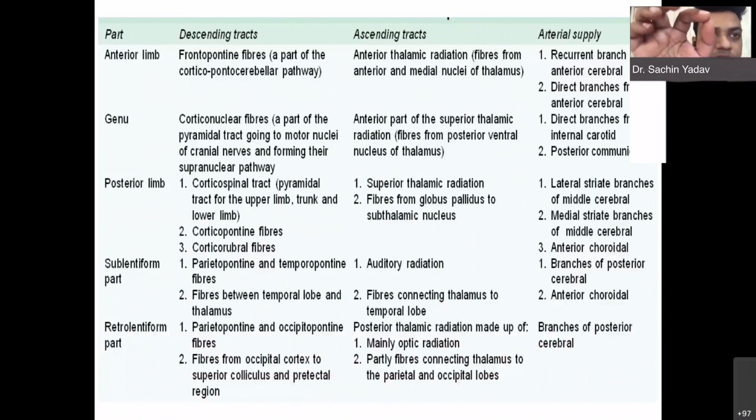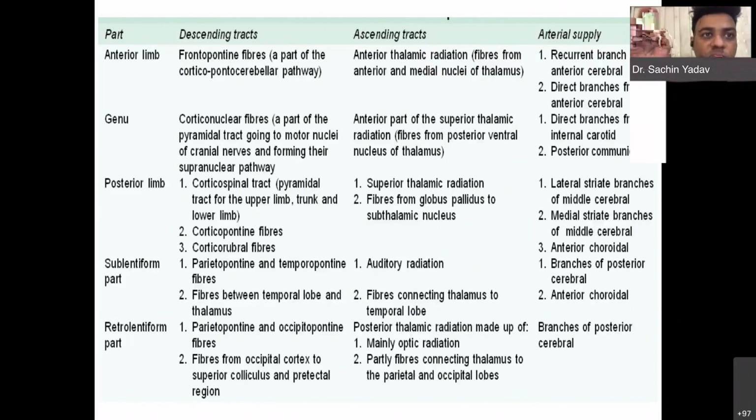Okay, so depending on the area which is getting affected, the main applied aspect of the internal capsule is its arterial supply. So arterial supply may be hampered due to blockage. Ischemia can happen due to hemorrhage or due to thromboembolism. Suppose in your artery, any part of the carotid artery or a branch of the carotid artery which is supplying the brain, if there is any thrombus formation due to atherosclerosis, it can break and lodge in a smaller artery of the brain.